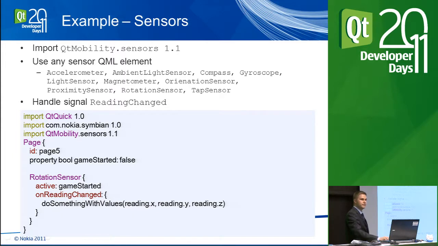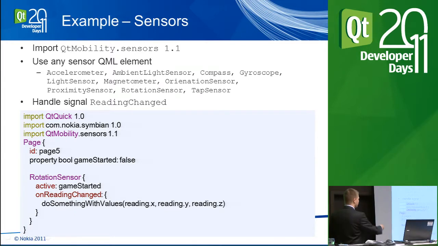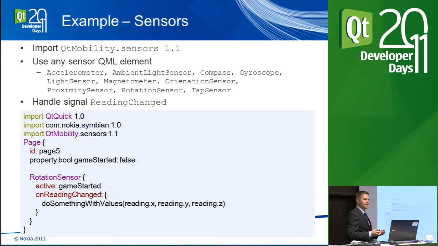language itself. For example, to access rotation sensor, you need to import Qt mobility.sensors 1.1. So you are taking the sensors module into use. And this line provides our QML UI with the elements that it needs to access sensors API.